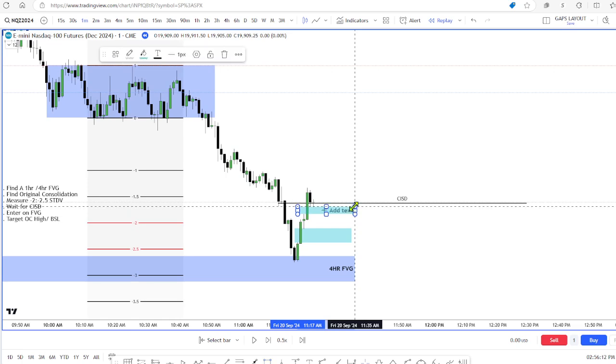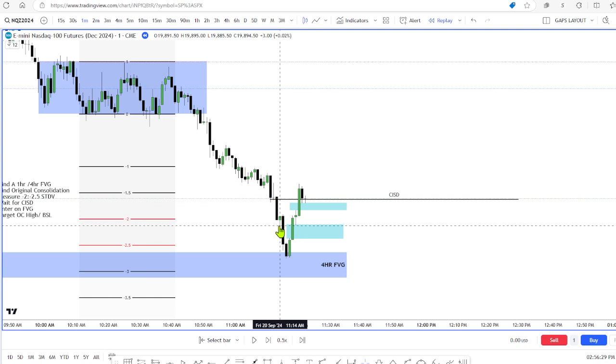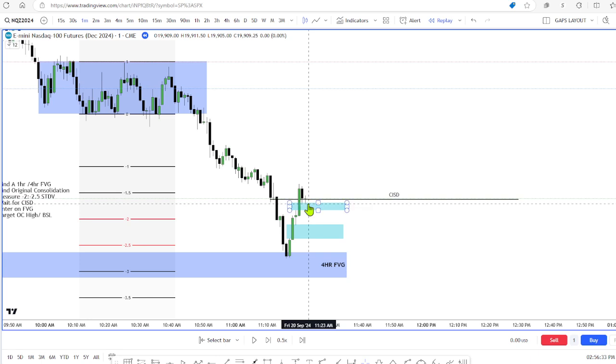Okay, so now we have 2. Now notice how we have overlapping fair value gaps. We have a bearish one and a bullish one. This is your balanced price range. Okay, so price should not want to come back down here because it's already been efficiently delivered on both sides of the market. So we're going to be looking at this one to trade.